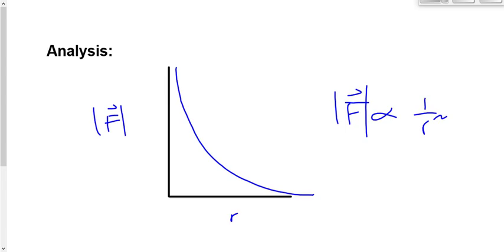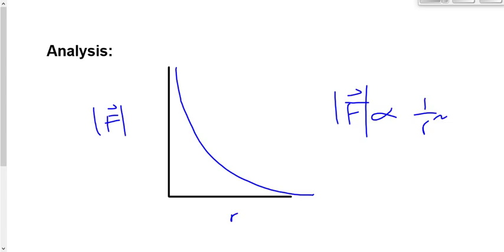Every time we look at a graph and we find that the relationship is y is related to 1 over x squared, if we plot y versus 1 over x squared, it'll be straight. If the relationship is, let's say, kinetic energy is related to v squared, then we would plot Ek and v squared to get a straight line.